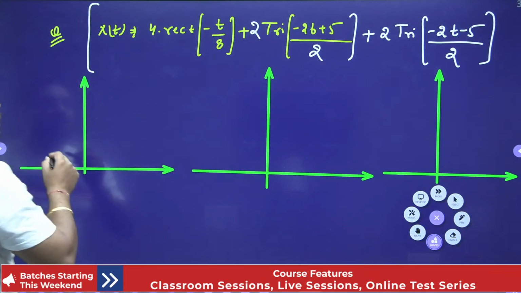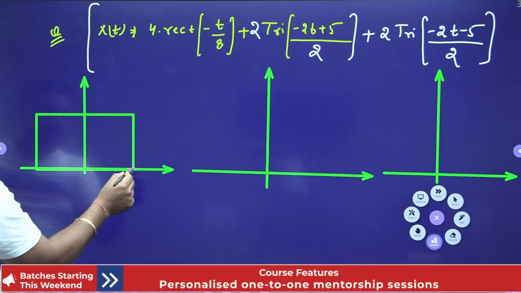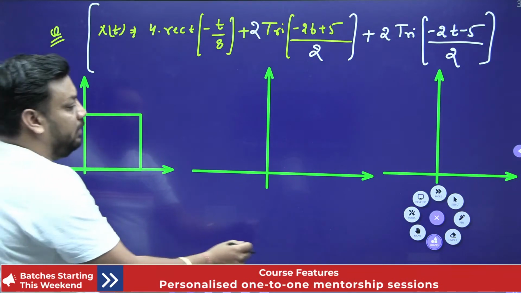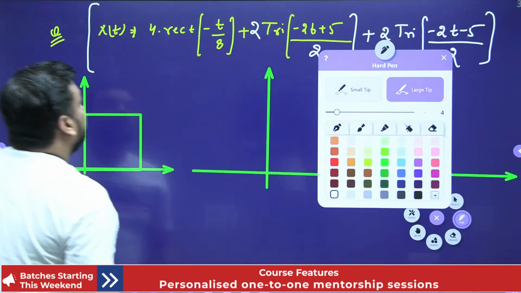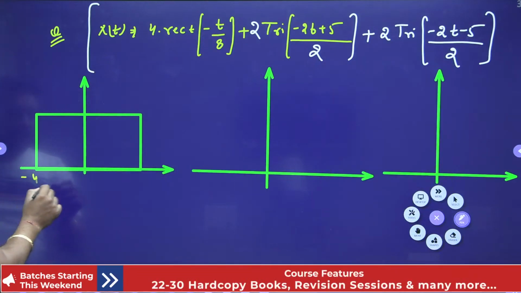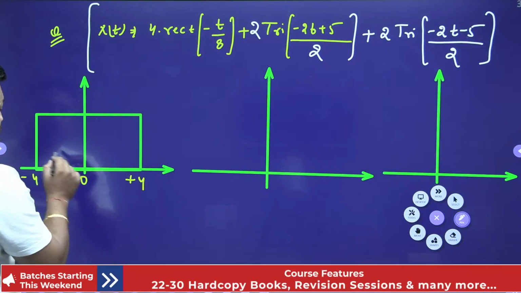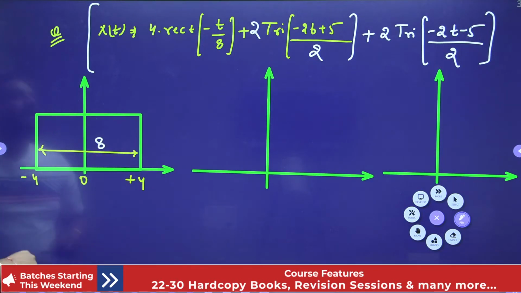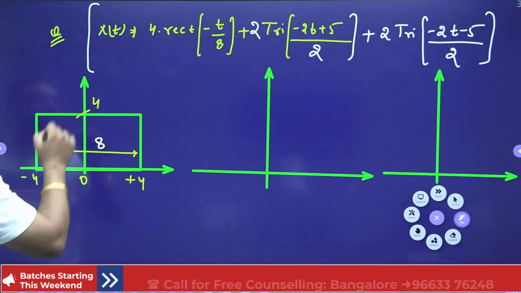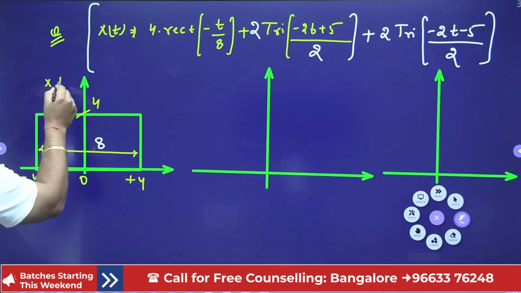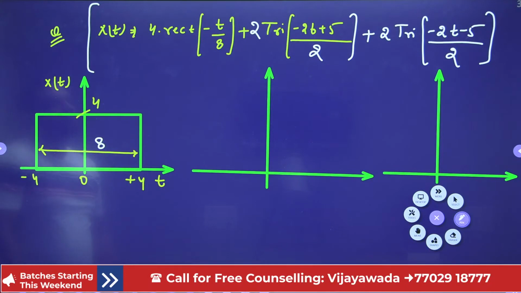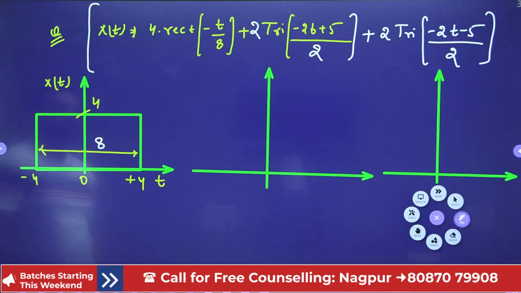Then we should make a simple rectangular pulse, which has a time duration from -4 to +4, the overall width will be 8, and the magnitude will be +4. So this is nothing but your x of t with respect to time. Is it clear, bachcho?